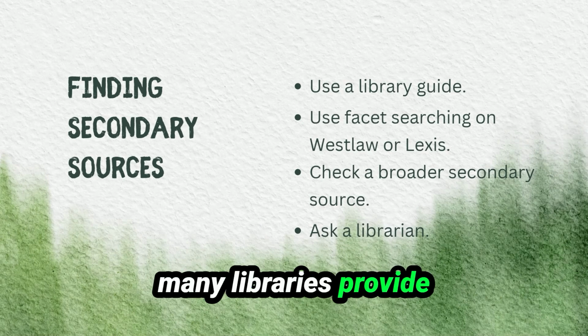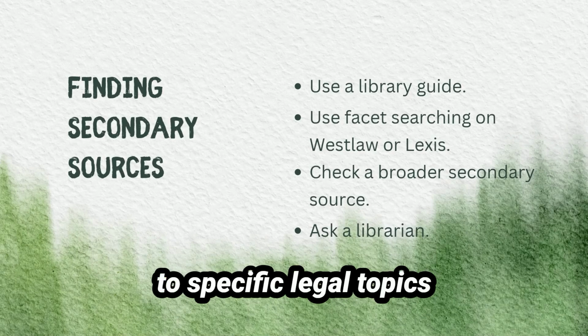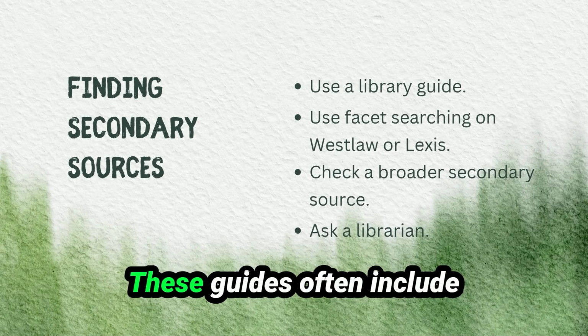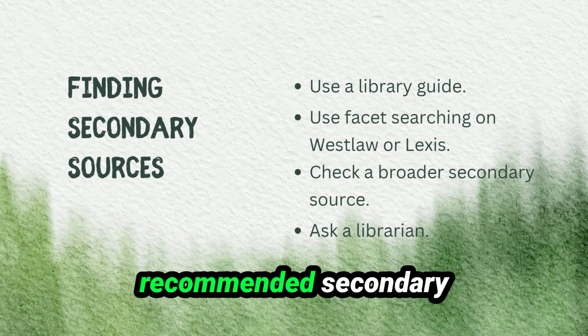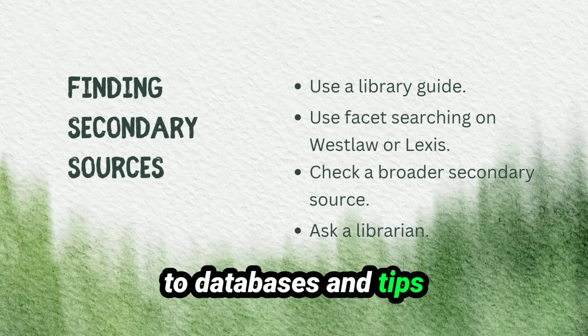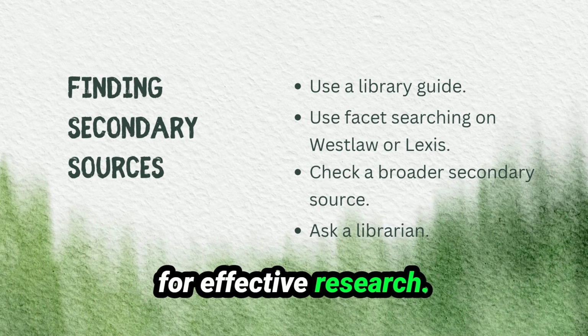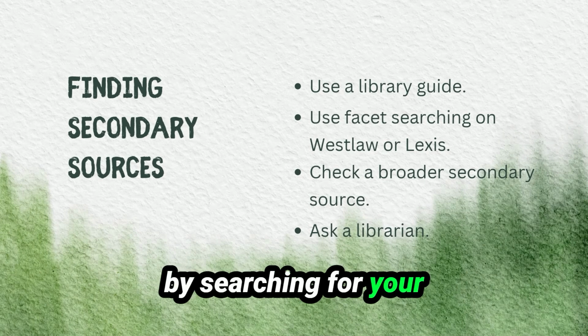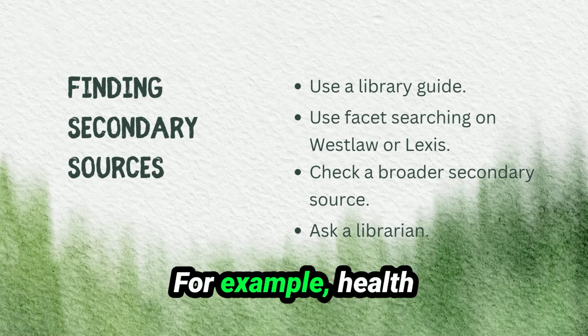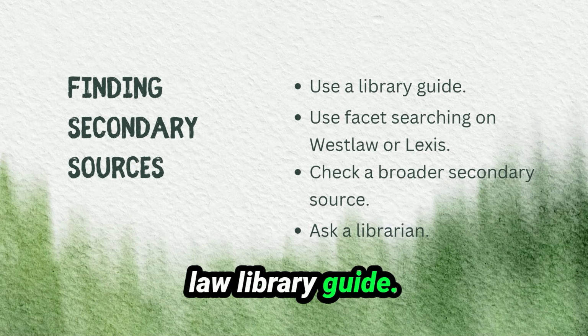Many libraries provide curated guides tailored to specific legal topics or areas of practice. These guides often include recommended secondary sources, links to databases, and tips for effective research. You can find these by searching for your subject area followed by the words library guide. For example, health law library guide.